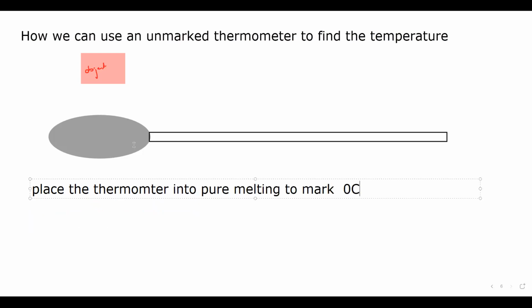So first we placed this thermometer in pure melting ice to mark 0. For example, when we place this thermometer in pure melting ice, the level of the liquid rises to this point. This is the position where the level of the liquid rises.